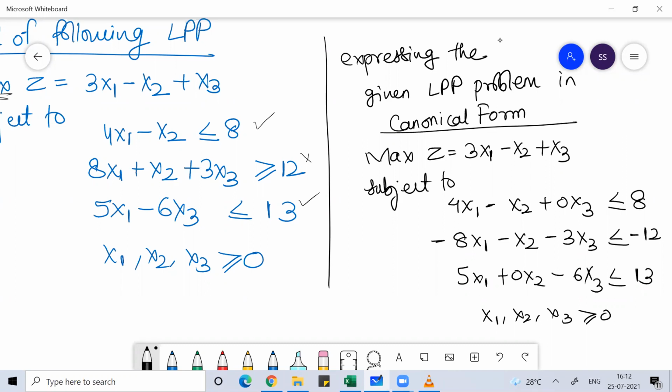That is what we need to do while solving the problem. Imagine if your objective function was minima, then all your constraints would be in greater than or equal to sign.